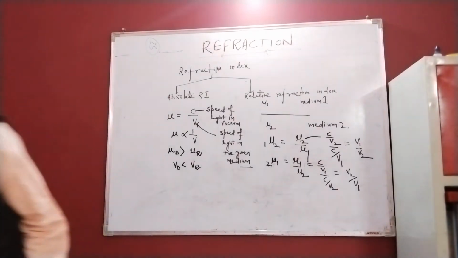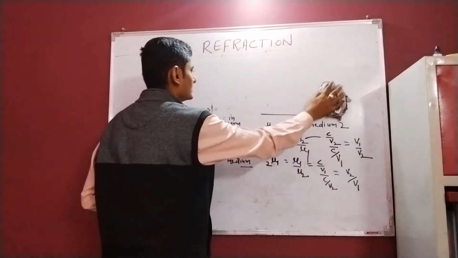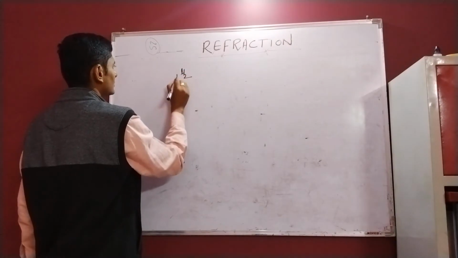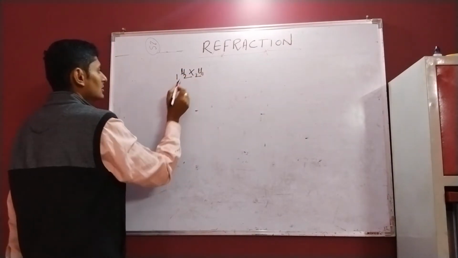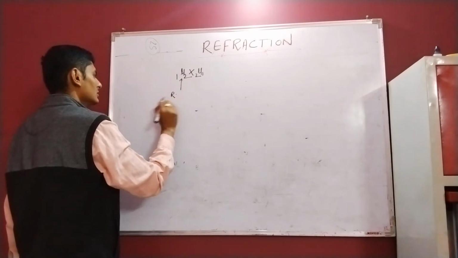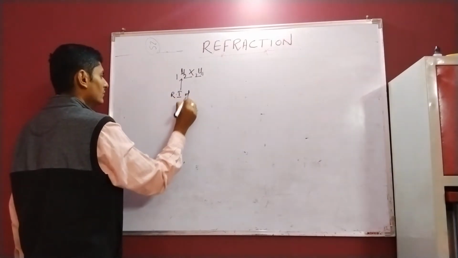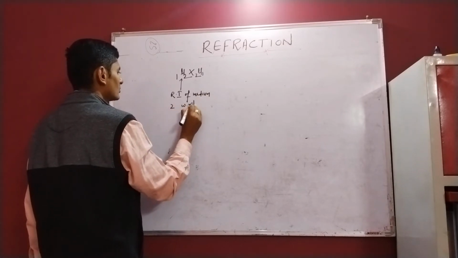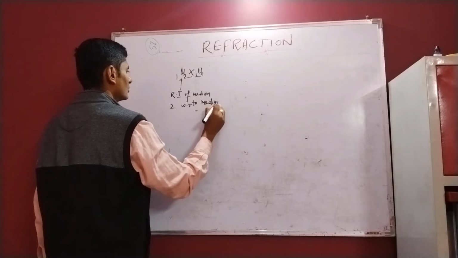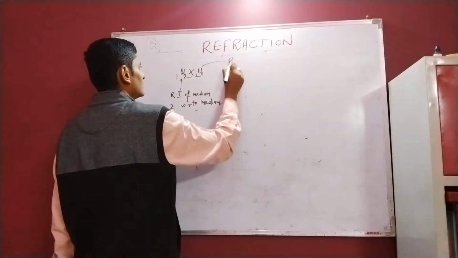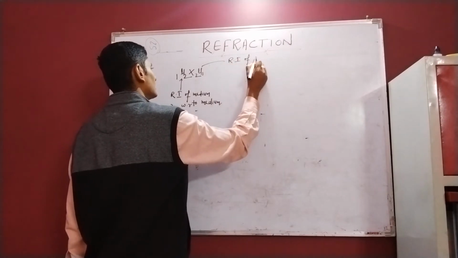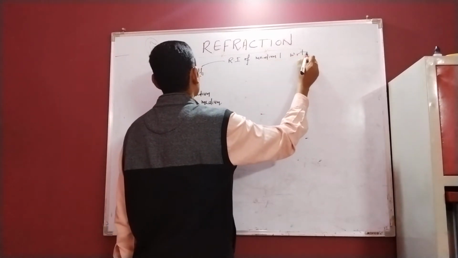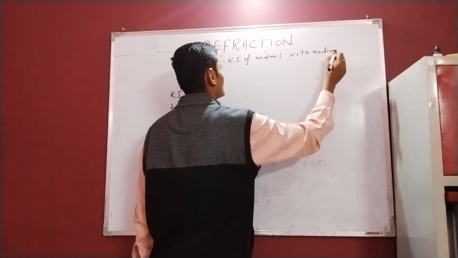Okay, now if I write mu21 into mu12, this is relative refractive index: refractive index of medium 2 with respect to medium 1, and this one is refractive index of medium 1 with respect to medium 2.